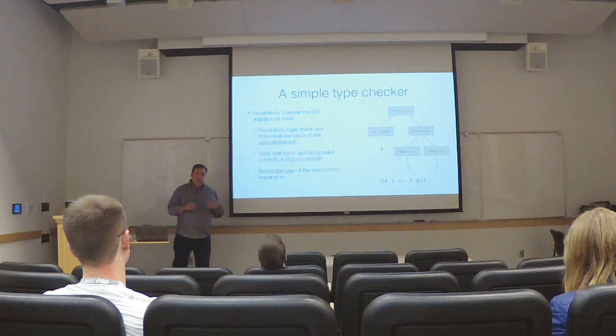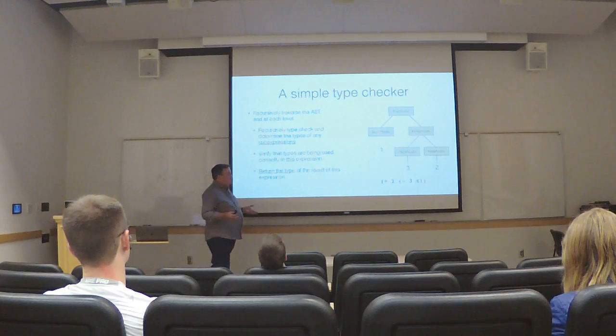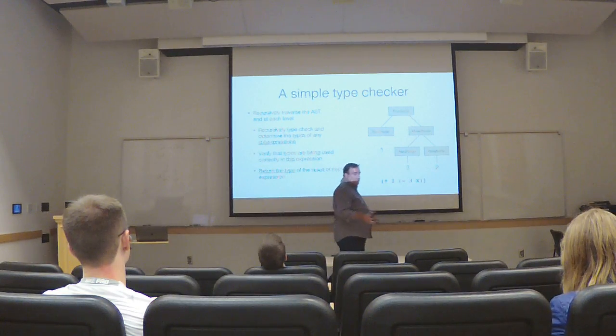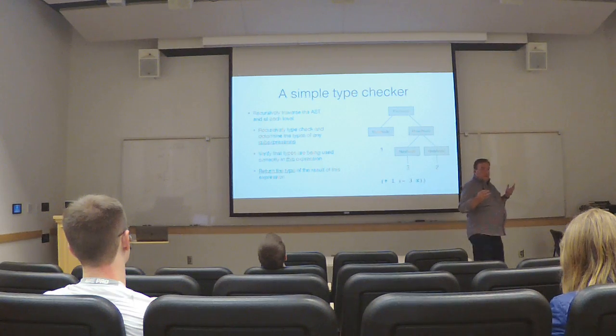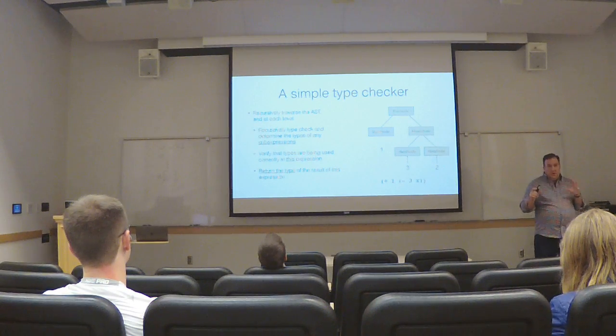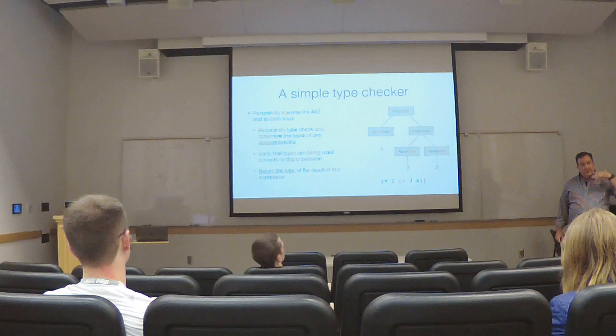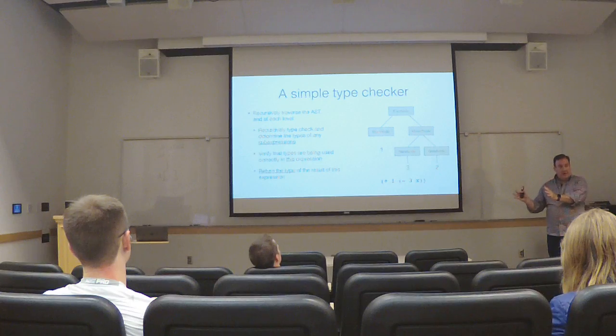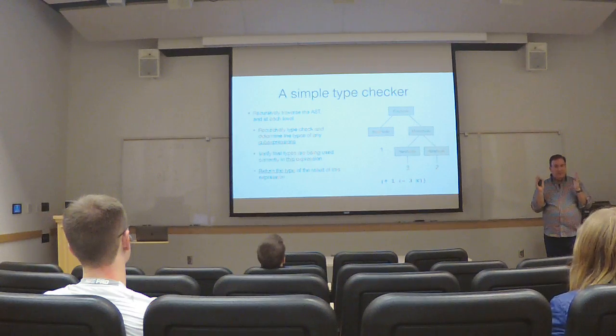So let's talk about a very simple algorithm. And this is what you're actually going to implement for the next lab. So for our interpreters, remember we take the input, we lex it, we get a string of tokens, we parse it, we get an abstract syntax tree. Right there, between parsing and calc, or in a compiler, between parsing and compiling, remember we've talked about how there's that space?